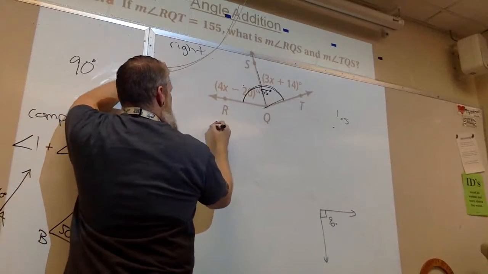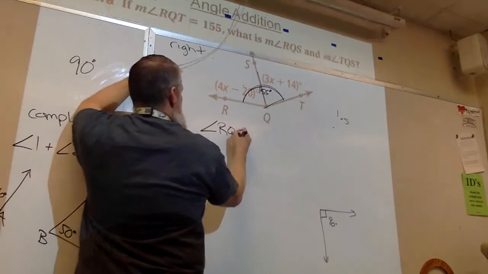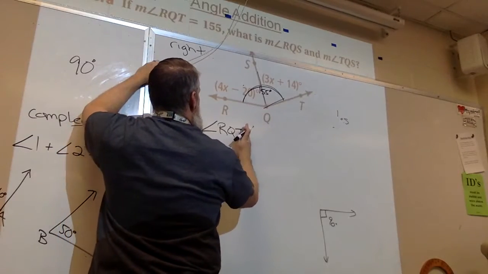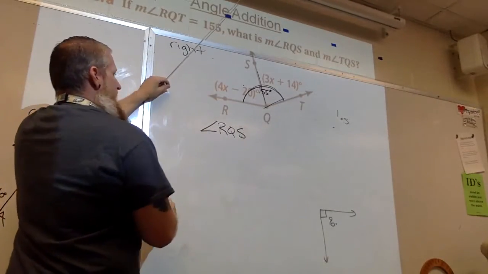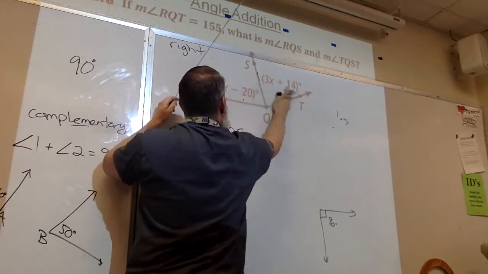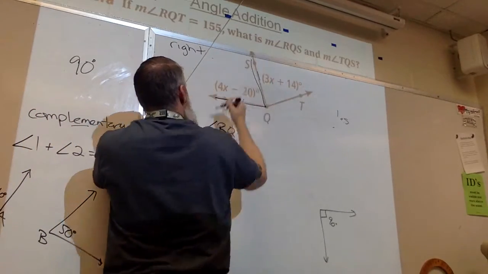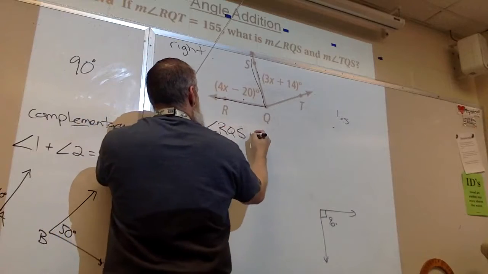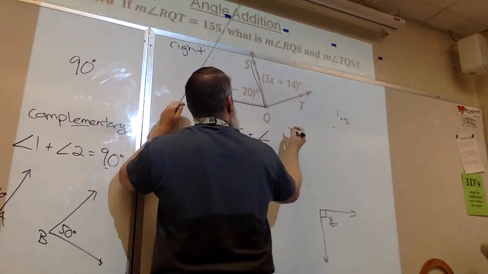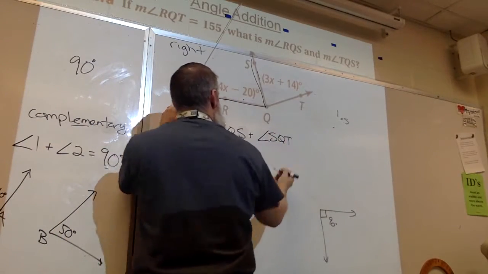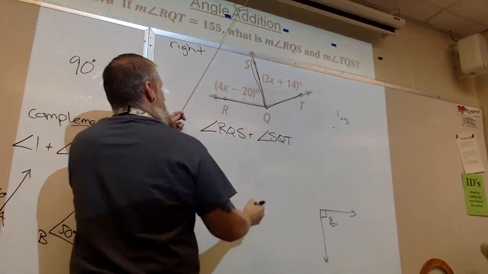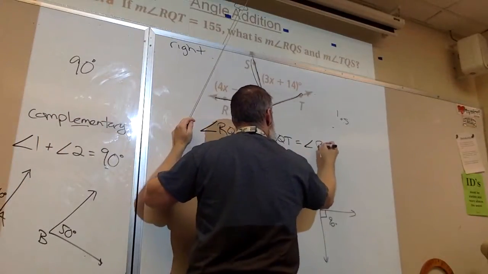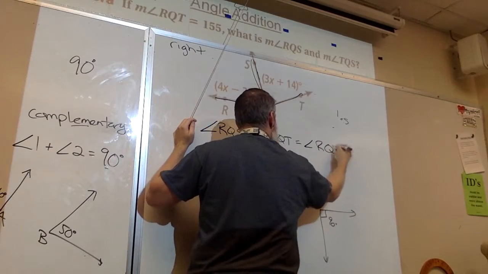Okay, so if I wrote it out with the postulate that's there in the letters, this is RQS. So if I take that angle there and add it to SQT, which is the other one, I'm going to get RQT.